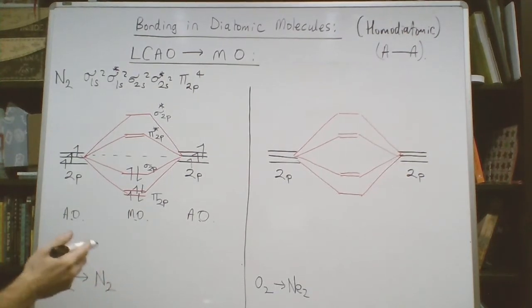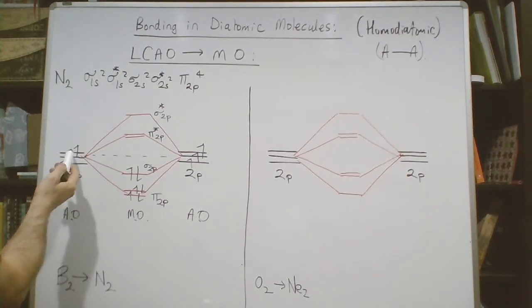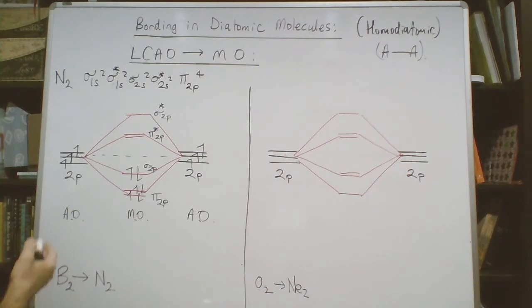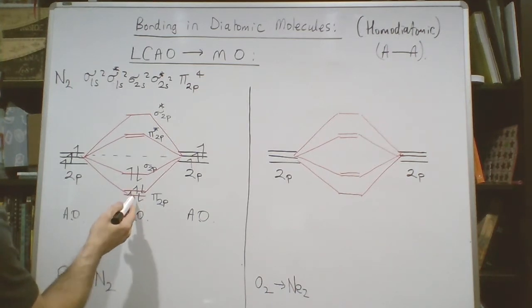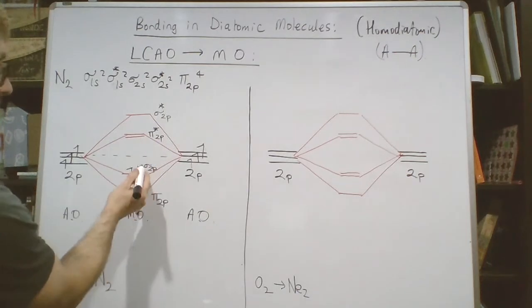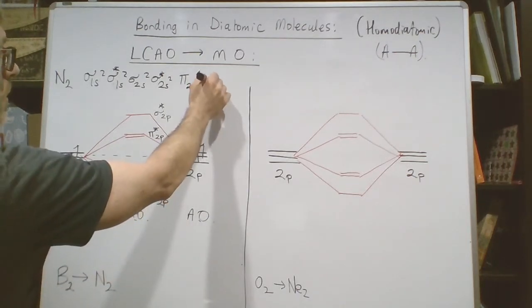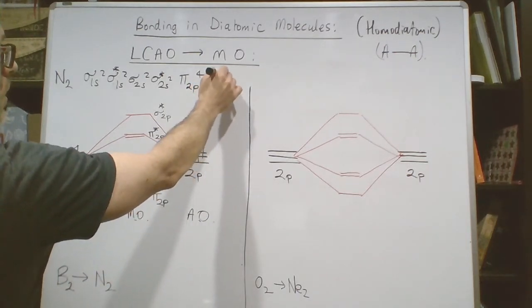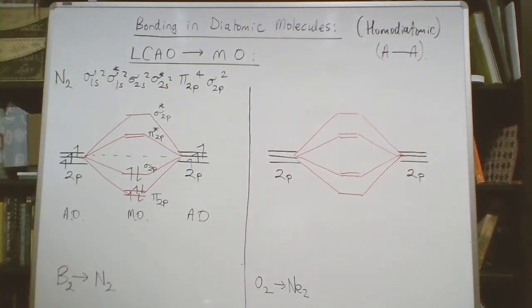So dinitrogen, I've just added an extra p electron from dicarbon previously. So rather than erase all the good work we had with dicarbon, I can just go ahead and add the extra 2 electrons which go into the sigma 2p orbital. So that's the molecular electron configuration for dinitrogen.